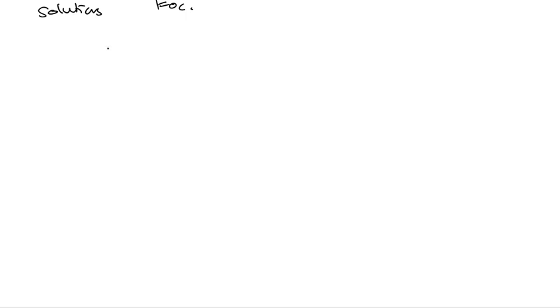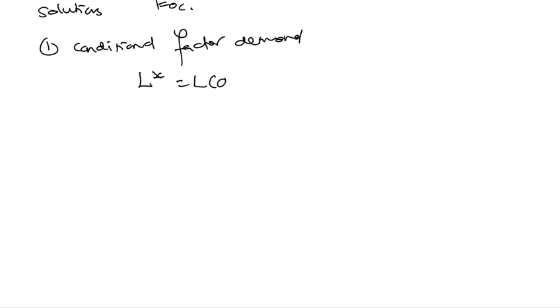And then we can have the first solution, we call it conditional factor demand. And this conditional factor demand is L as a function of output, wage, and interest rate. The same goes for K as a function of output, wage, and interest rate.